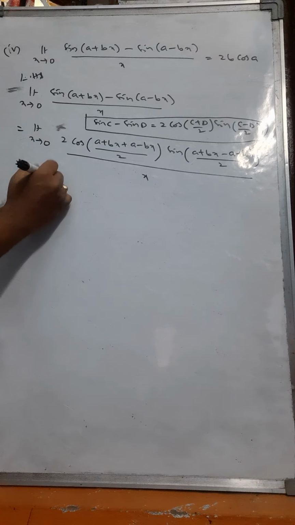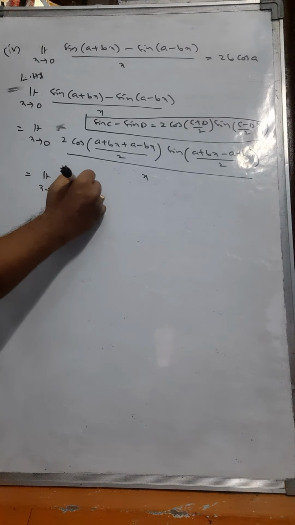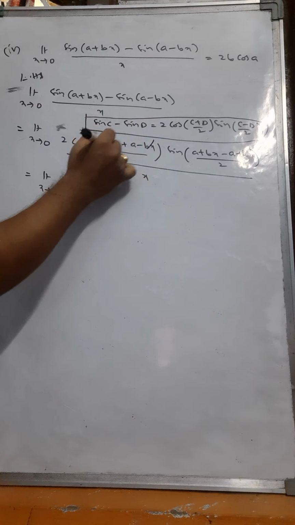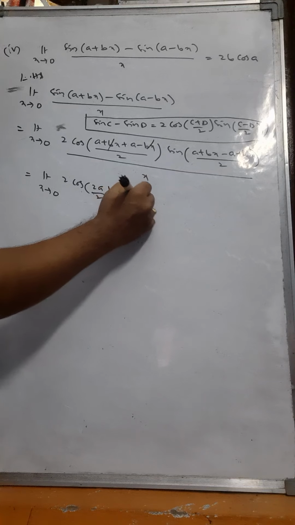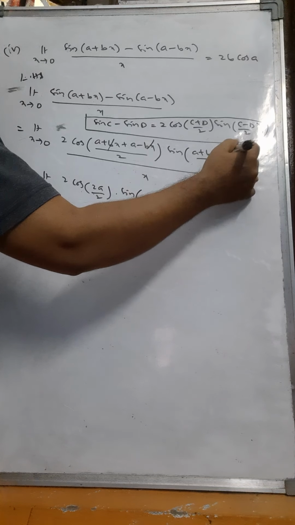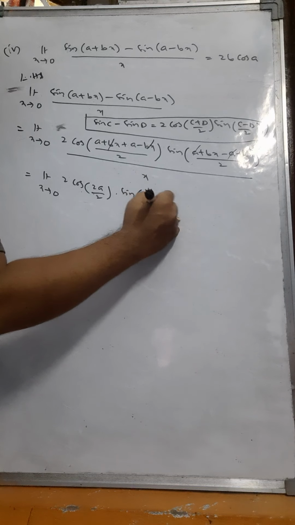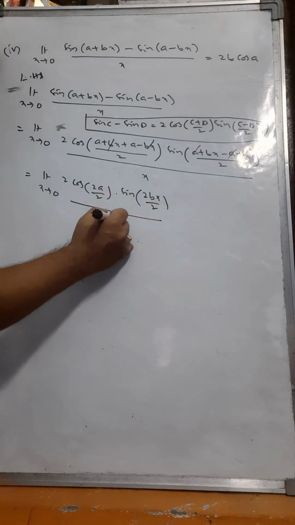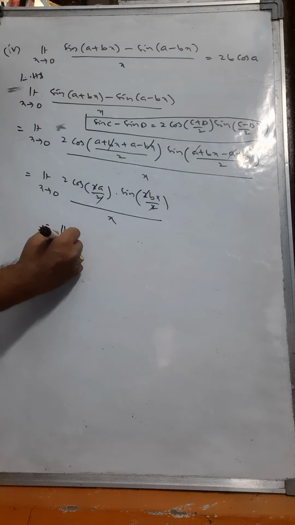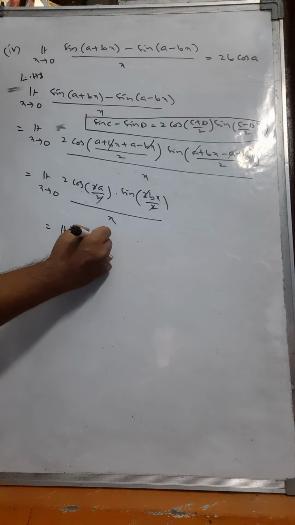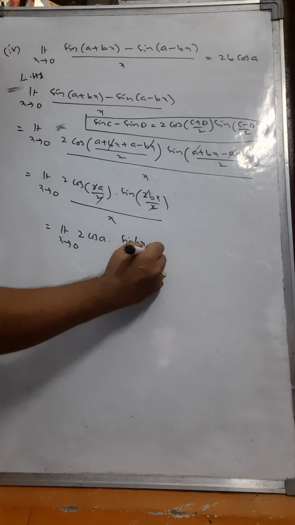So that is equal to limit x tends to 0 of 2 cos, so bx cancels, a plus a, 2a by 2, sin, here a will cancel, bx plus bx, that is 2bx by 2, divided by x. 2 cancels, 2 cancels, that is limit x tends to 0 of 2 cos a into sin bx by x.